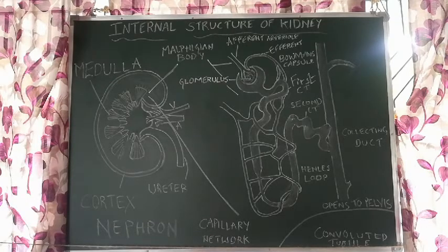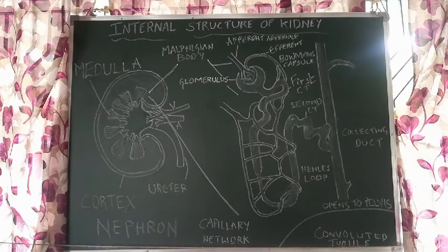Another important thing that happens in tubular secretion is that, see, what are the waste products? Basically urea, uric acid, creatinine, and also, as I have already mentioned, salt ions like potassium K+, sodium Na+, hydrogen H+. These ions again enter into the tubule to be sent out of the body.